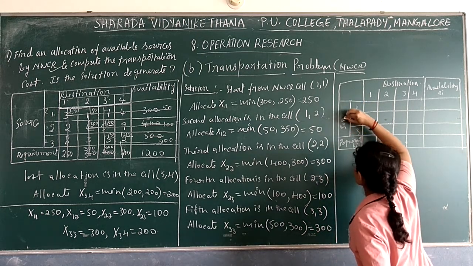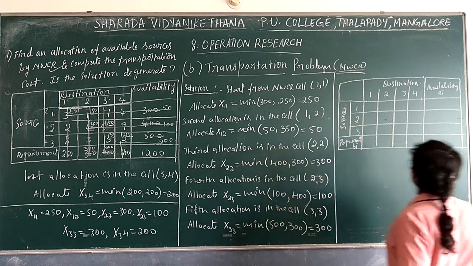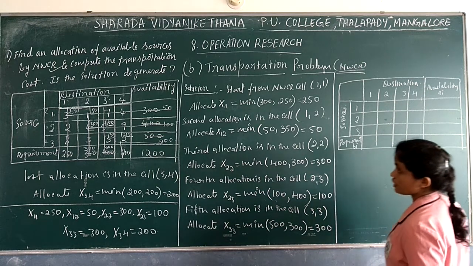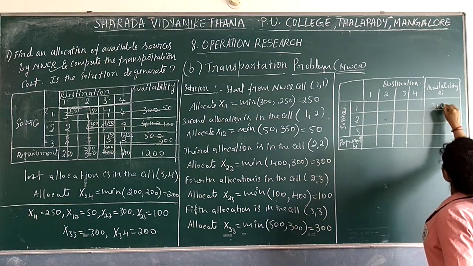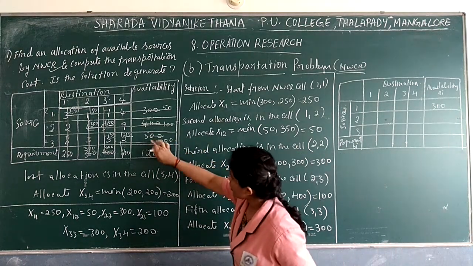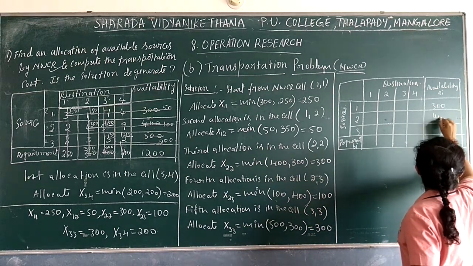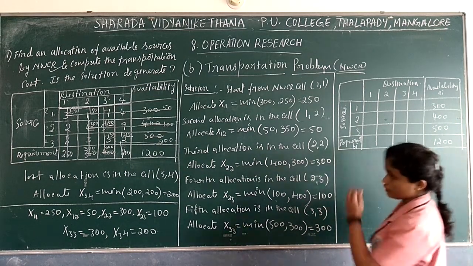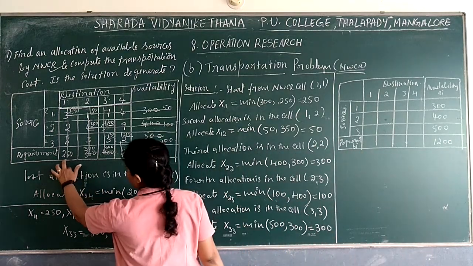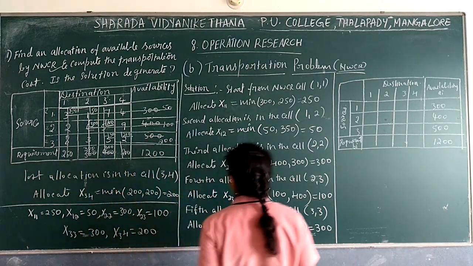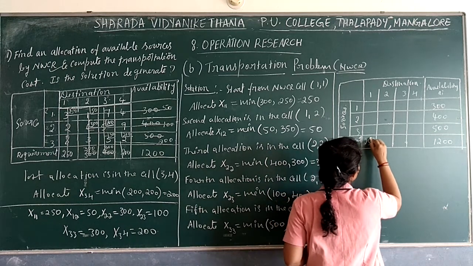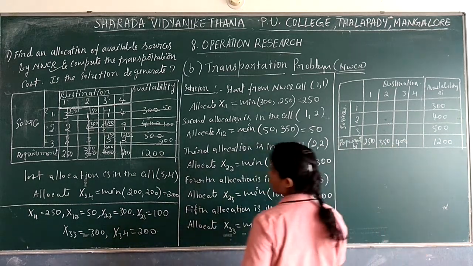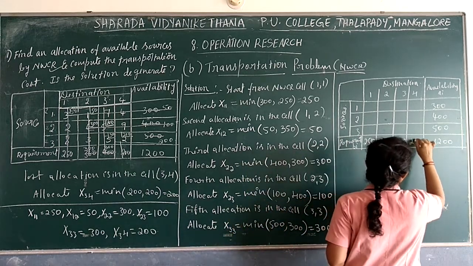These are sources. Now write the availability. What was the initial availability? That is 300, 400, 500. This side the requirement: 250, 350, 400, and the last one is 200.